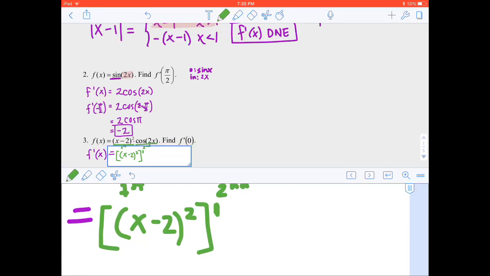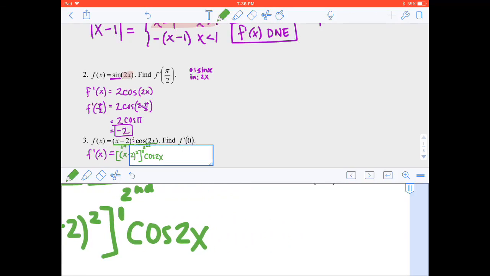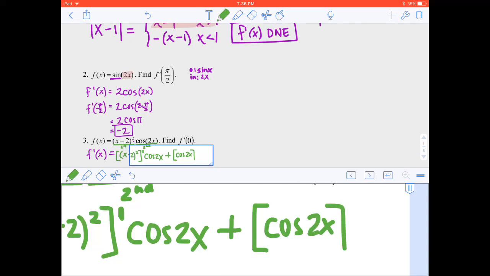So we have the derivative of the first, or we will at least, times the second function. So I just wrote that second function just the way it's written, plus the derivative of the second function. That second function I'm going to have to take the derivative of.